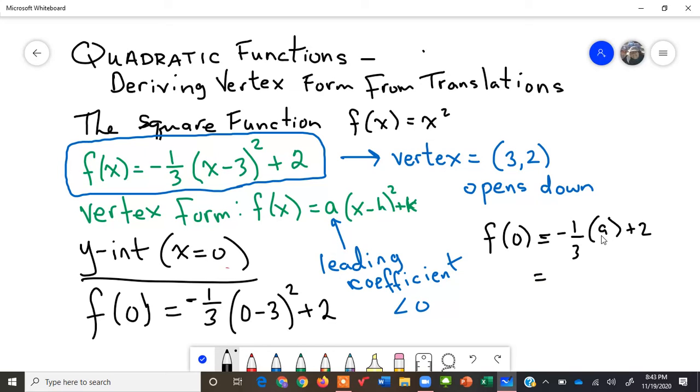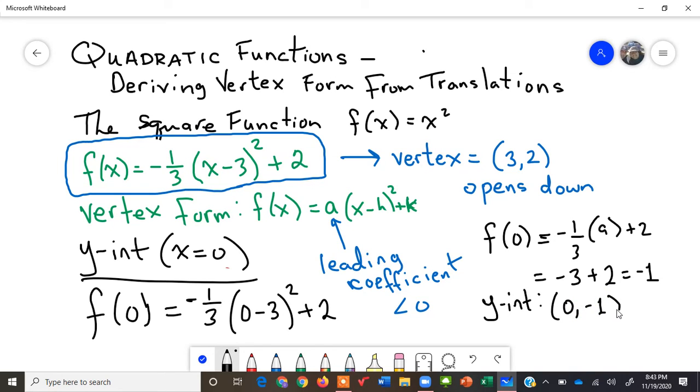Negative 1/3 times 9 is 9 divided by negative 3, which is simply negative 3. Add the 2, and we have negative 1. So we see that it has a y-intercept at the point (0, negative 1).